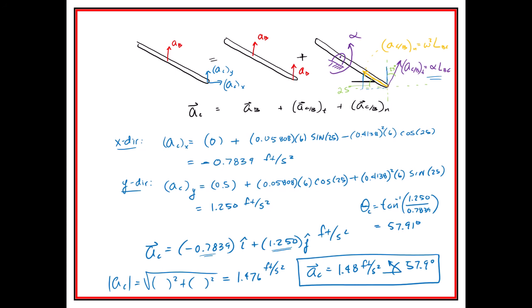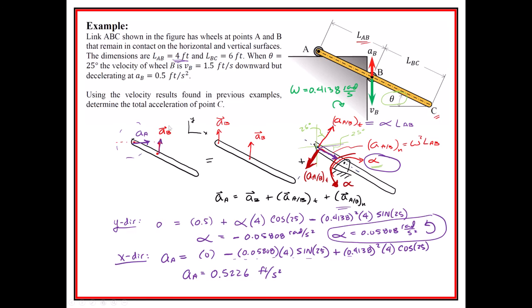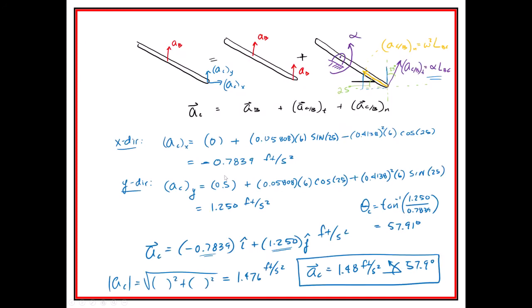We actually have to do the side analysis where we first look at what happens at A, because we know something about A, that it's constrained to be in the horizontal direction. So with that knowledge, we're able to find the angular acceleration, and then we're able to proceed and find what the acceleration of C is going to be. So I guess I'm trying to make excuses for picking a really long example, but fortunately it's a video.